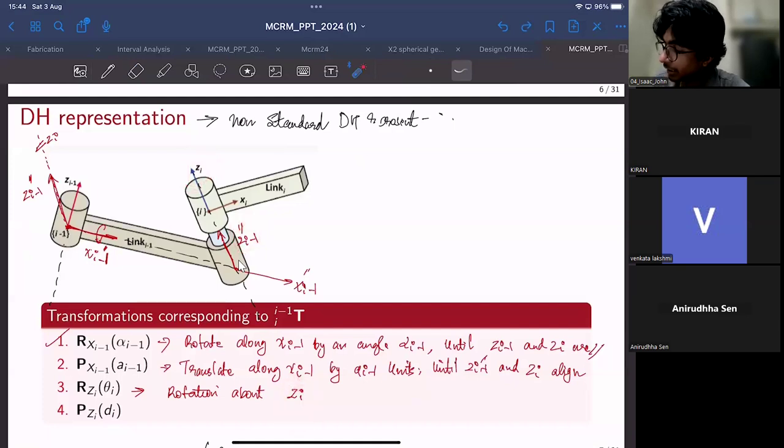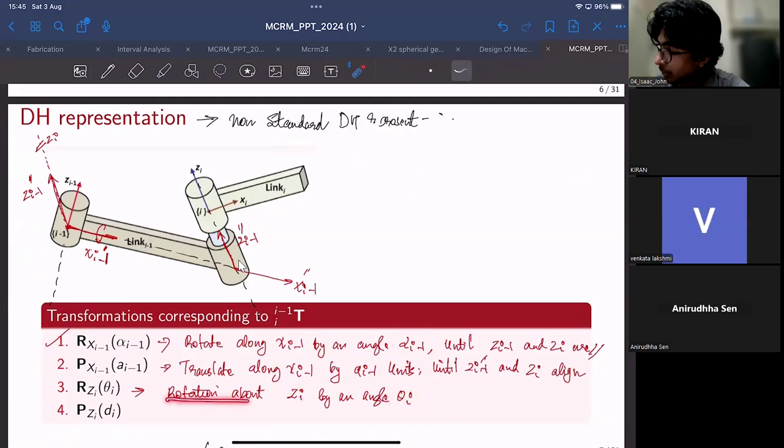So we'll rotate about z_i by an angle theta_i. Notice that earlier we were using the suffix i-1. The angle was alpha_{i-1} and a_{i-1} because the corresponding frames of reference also had the suffix i-1. And now that we are using the frame i, the parameters will also have the suffix i, right?